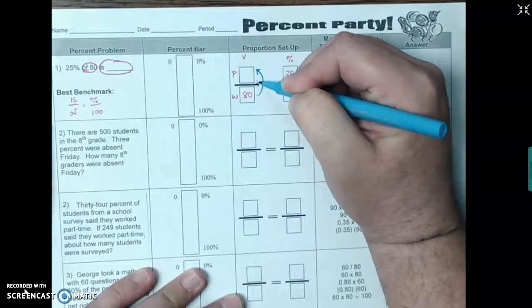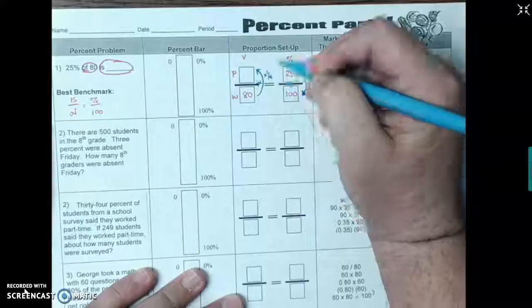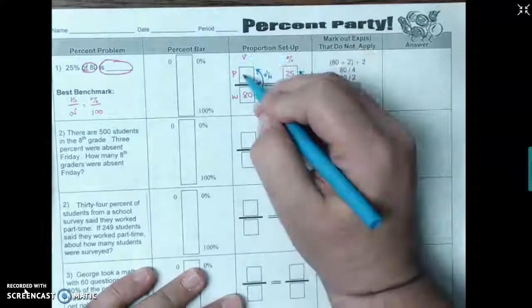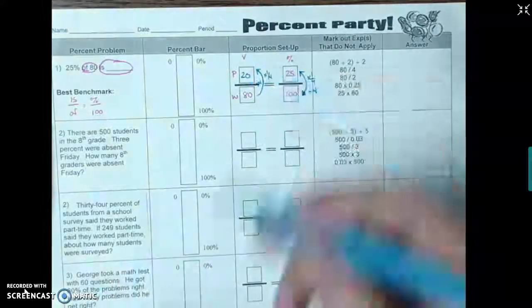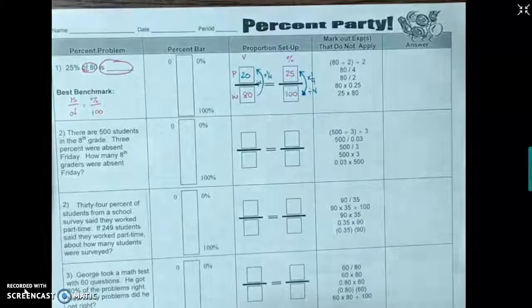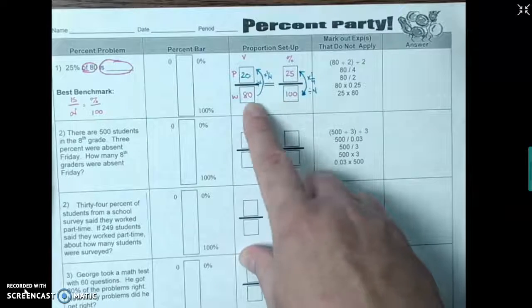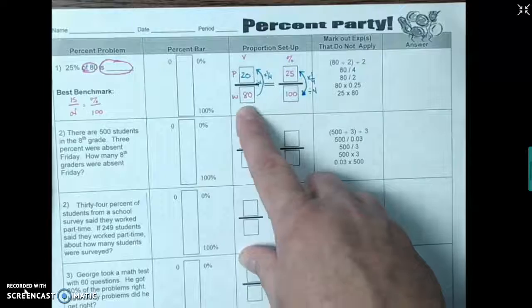We can divide by 4 or multiply times 1/4. And 80 divided by 4 is 20. We could reduce this first, and it would actually be 1/4, so that we could have a relationship between our ratios.